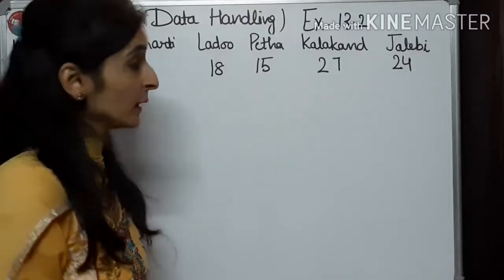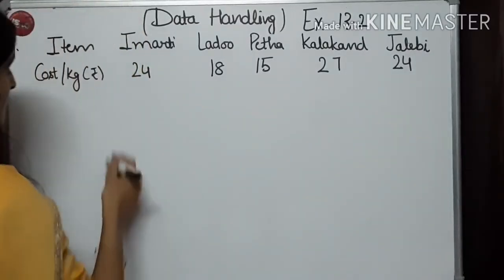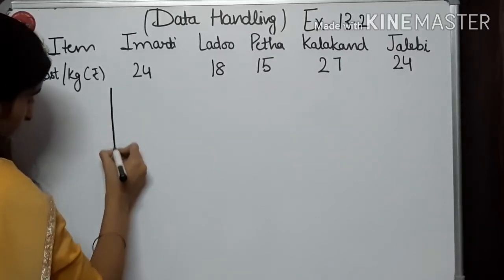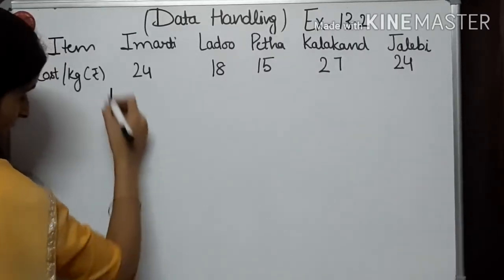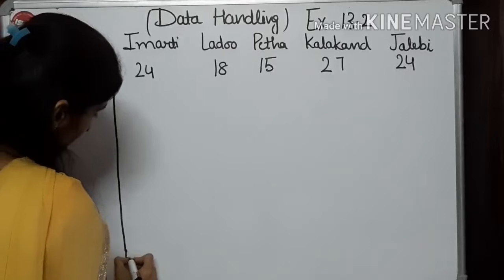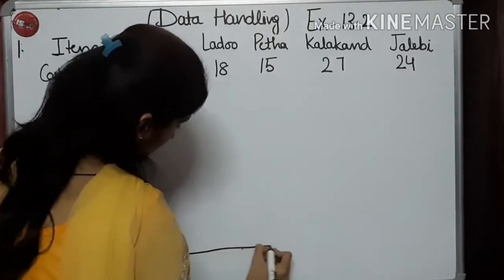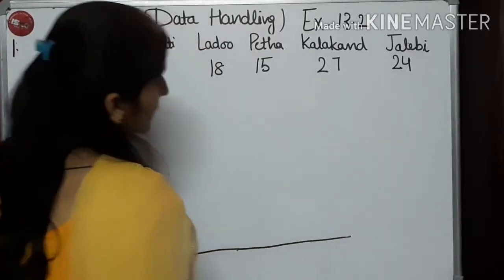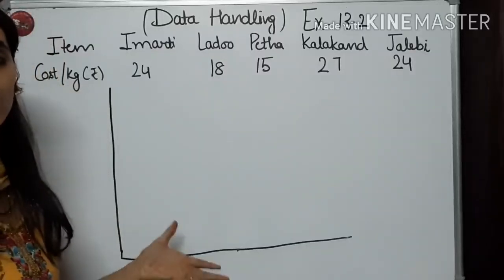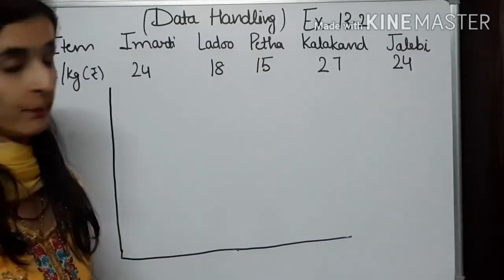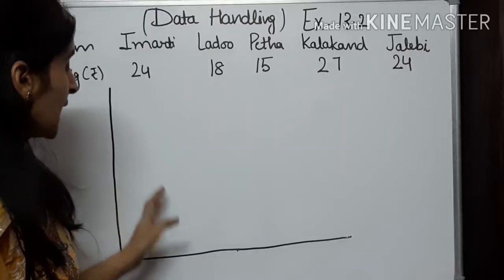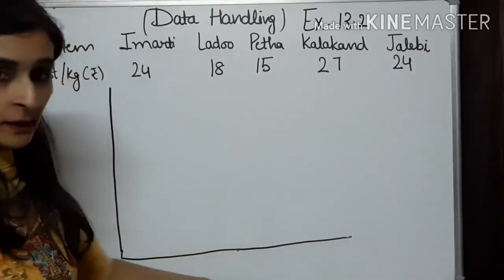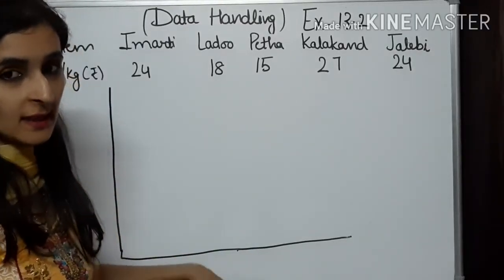So now what will we do? First of all, we have to draw a horizontal and a vertical axis. This is the vertical axis and this is the horizontal axis. You have to draw these two axes on graph paper. Now you will write the items on which axis?